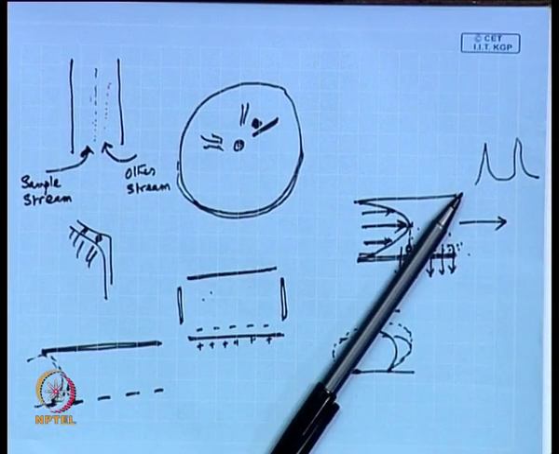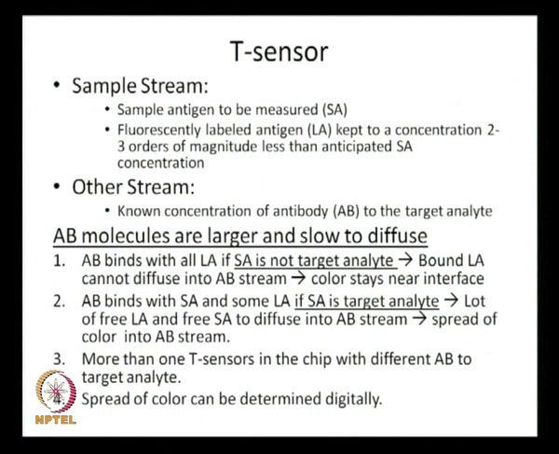Okay. Now, the sample stream contains the sample antigen that you want to measure and also a fluorescently labeled antigen, which we refer to as LA, kept at a concentration 2 to 3 orders of magnitude less than the anticipated sample antigen concentration. So, there is SA and there is this LA.